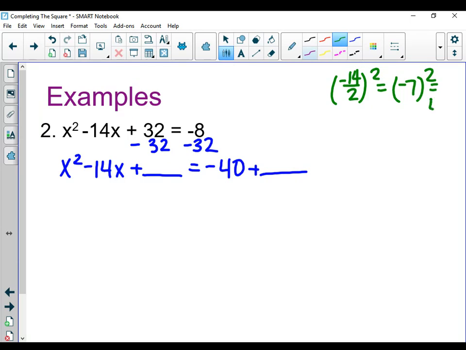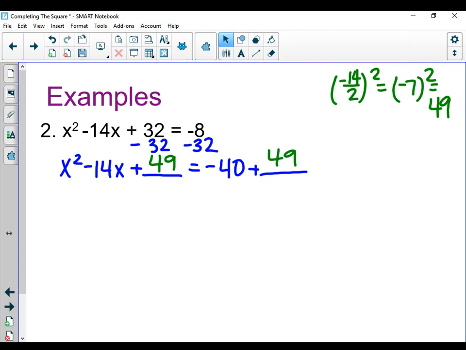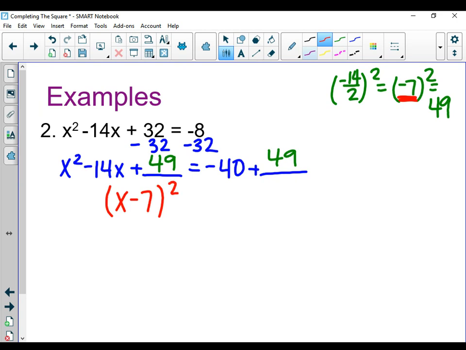I plug 49 into those blanks. I asked myself the question, two numbers that multiply to get 49 but add to get negative 14. Negative 7 and negative 7. I like when a perfect square appears.